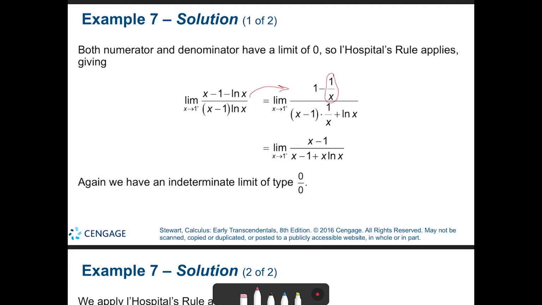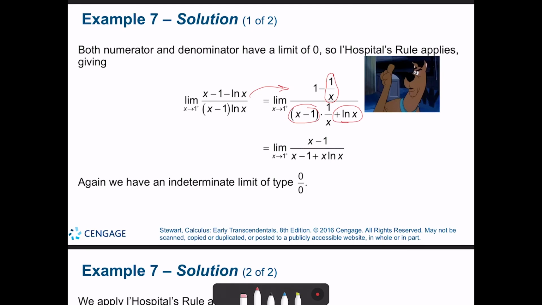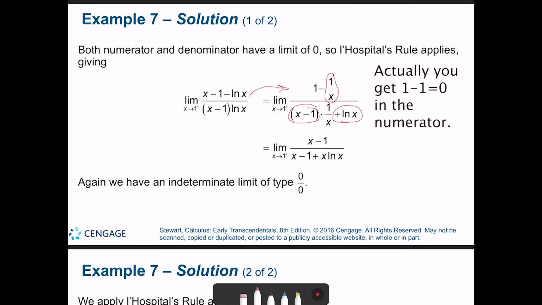This becomes 1 over 1, which becomes 0. And in the denominator, this approaches 0. So we end up with 1 divided by 0. We don't like that as a final answer.